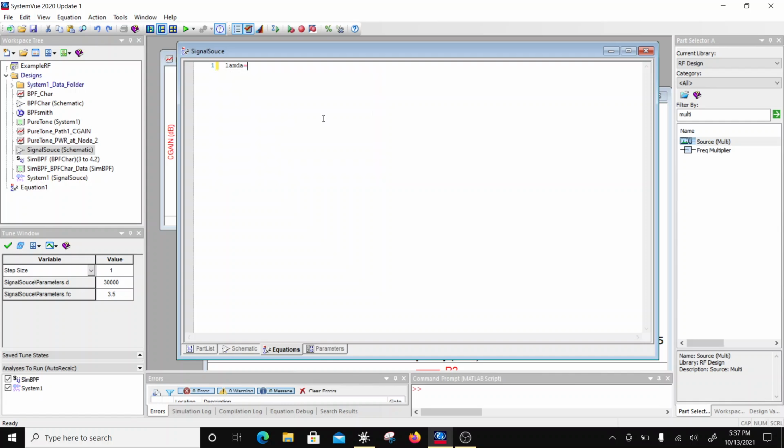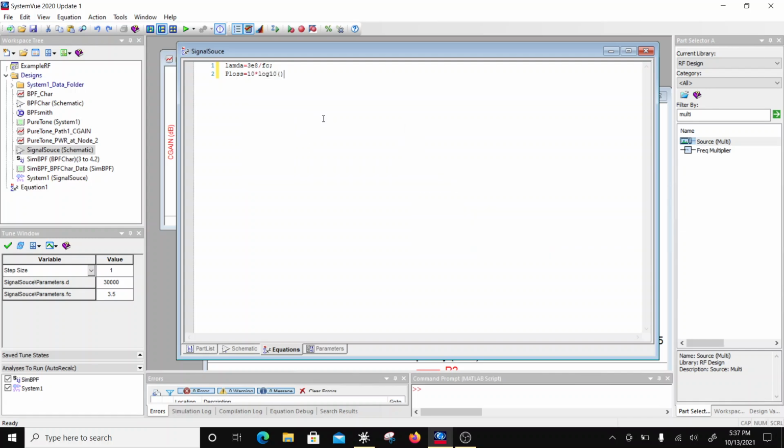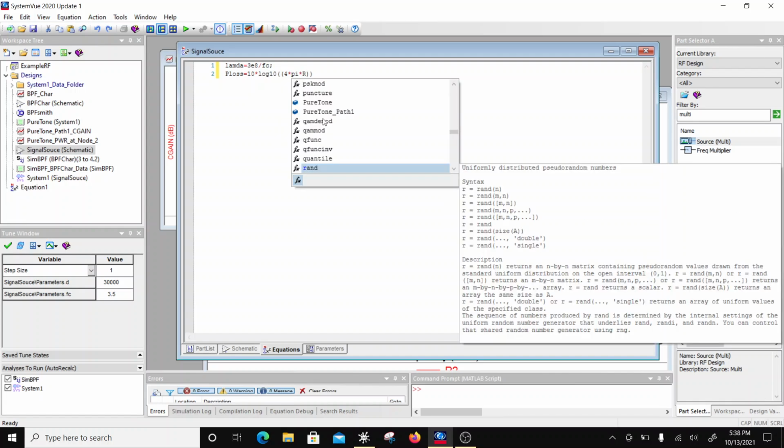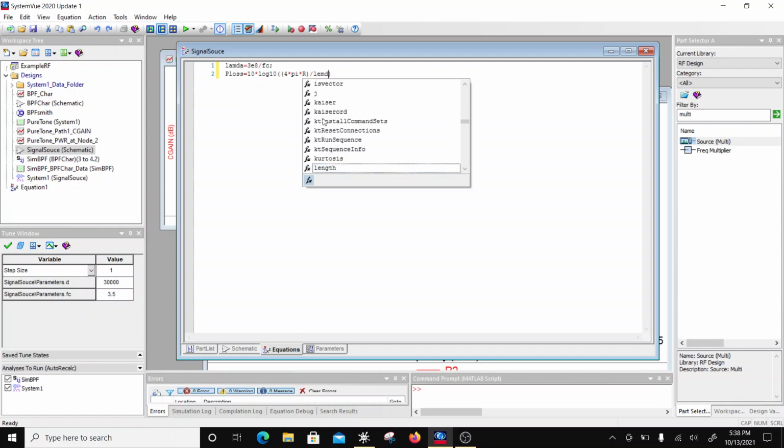Okay, so lambda is going to be C over F. So C is 3e8 over FC. So that gives me lambda. And then the path loss, P loss, would be equal to 10 times log 10 of something, which is going to be 4 into pi into r divided by lambda, right?